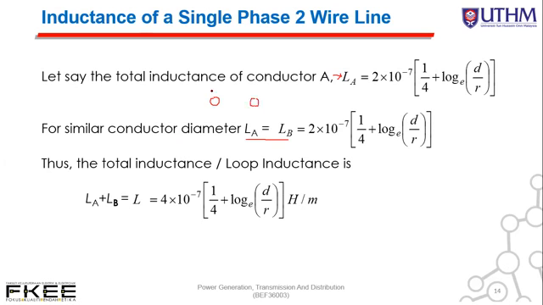Let's say these conductors A and B have the same diameter, so B also has the same equation as the inductance in A. So the total inductance, the loop inductance, is nothing but LA plus LB equal to L, which equals 4 times 10 to the power of minus 7 times (1 over 4 plus ln D over R) Henry per meter.